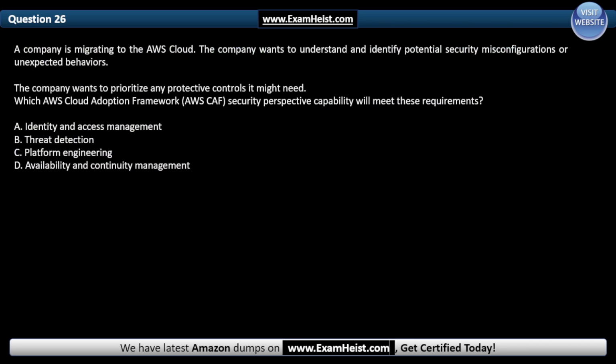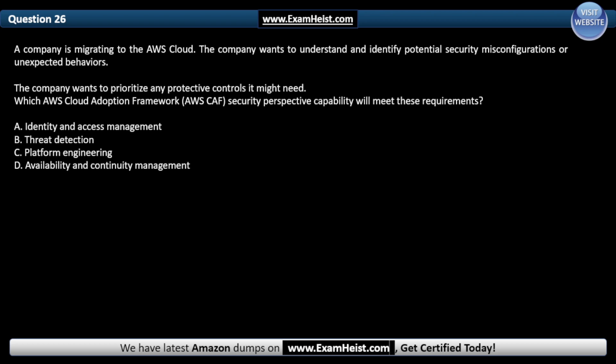Question 26. A company is migrating to the AWS Cloud. The company wants to understand and identify potential security misconfiguration or unexpected behaviors. The company wants to prioritize any protective controls it might need.